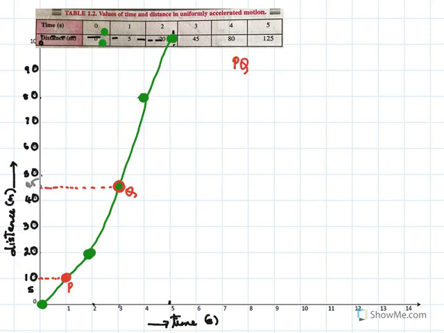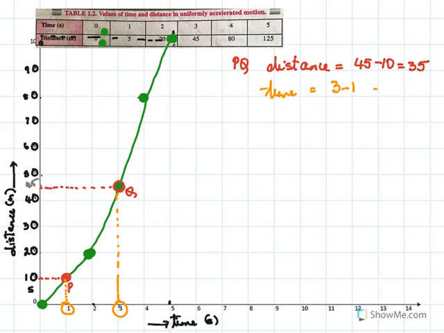So for PQ the distance traveled is 45 minus 10, and that is 35. The time between P and Q is 3 minus 1, and it is 2. So in 2 seconds it travels 35 meters.